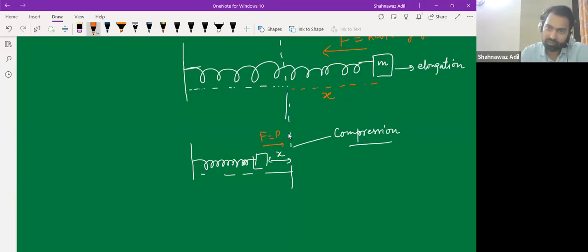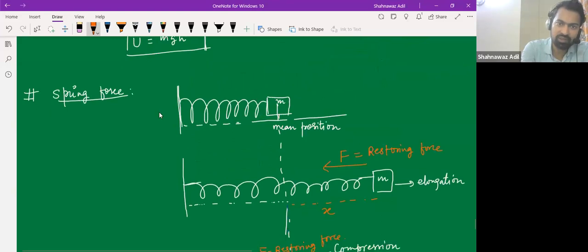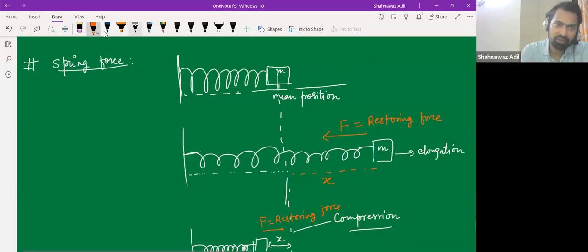And by Hooke's law, this force is proportional to the elongation distance, and minus of the elongation distance. Minus because it is always opposite to the direction of this elongation or compression, right?